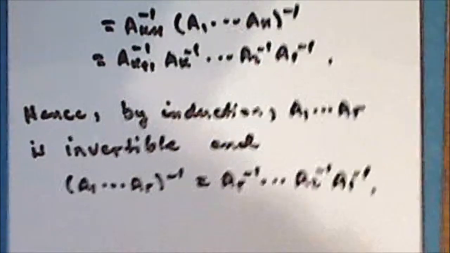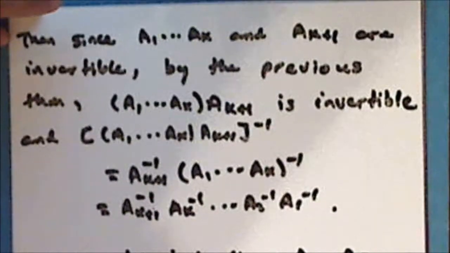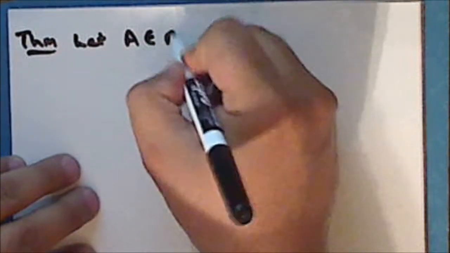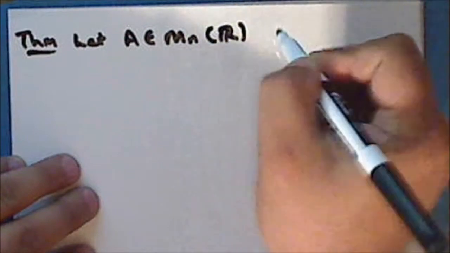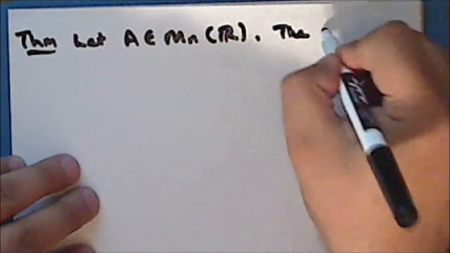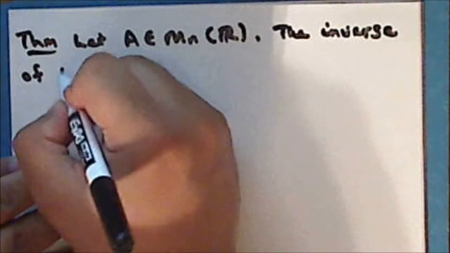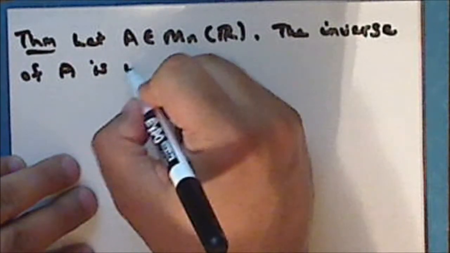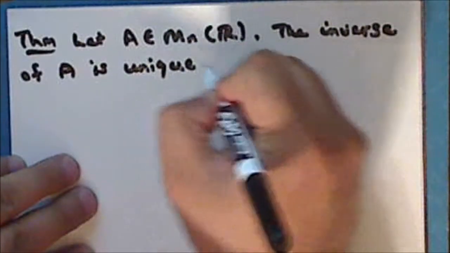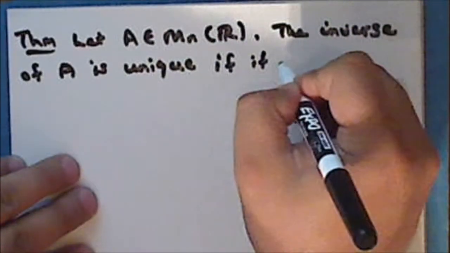So next we will show that the inverse of a square matrix is unique if it exists. So let A be a square matrix of order n. Then the inverse of A is unique if it exists.